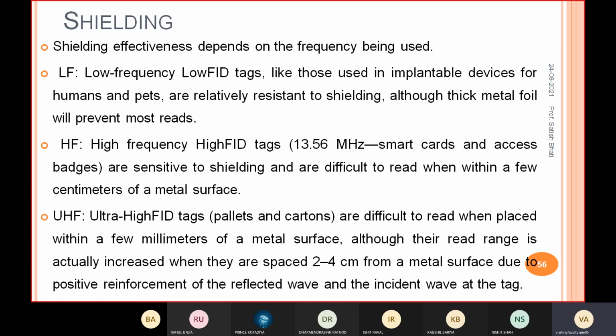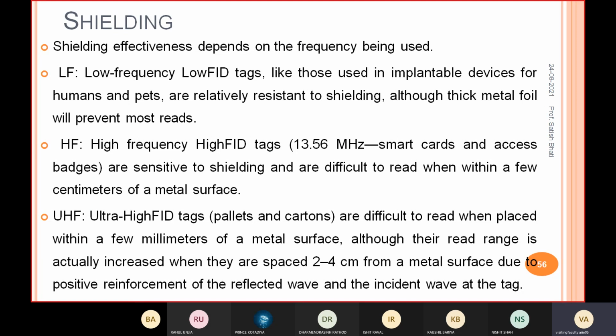For example, low frequency ID tags, like those used in implantable devices for humans and pets, are relatively resistant to shielding, although thick metal foil will prevent most of it, right? Generally we use low frequency in human and animal identification, because low frequency will not affect health that much.